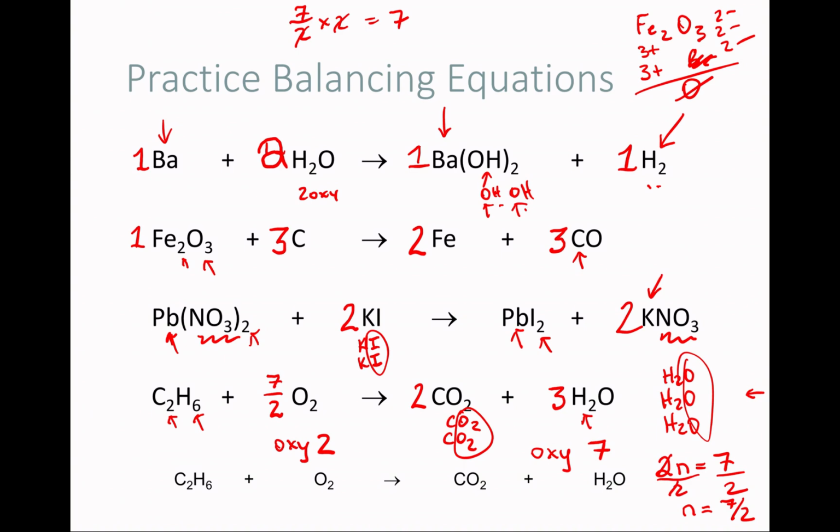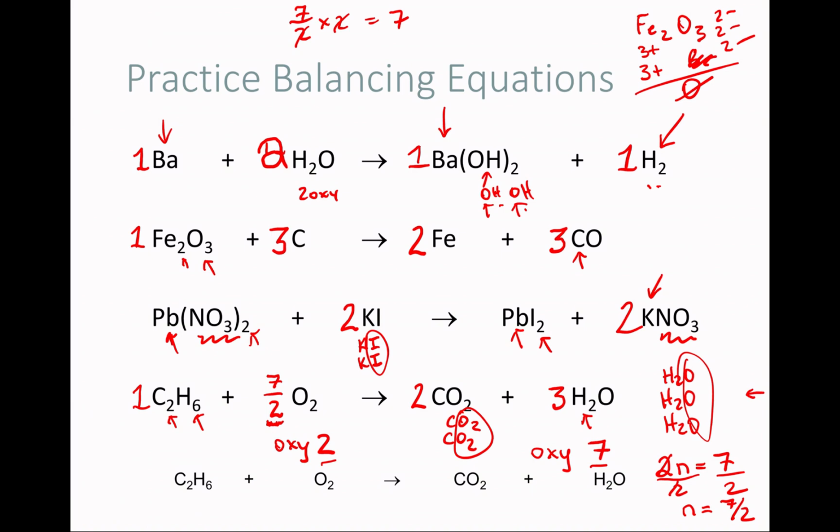You can turn 2 into 7. You just needed 3.5. So what do you do? You cannot have 7 halves of an oxygen molecule. It just doesn't work. But the trick is this number on the bottom, right here. This denominator is 2. Whatever the denominator is, that's what you multiply everything by.